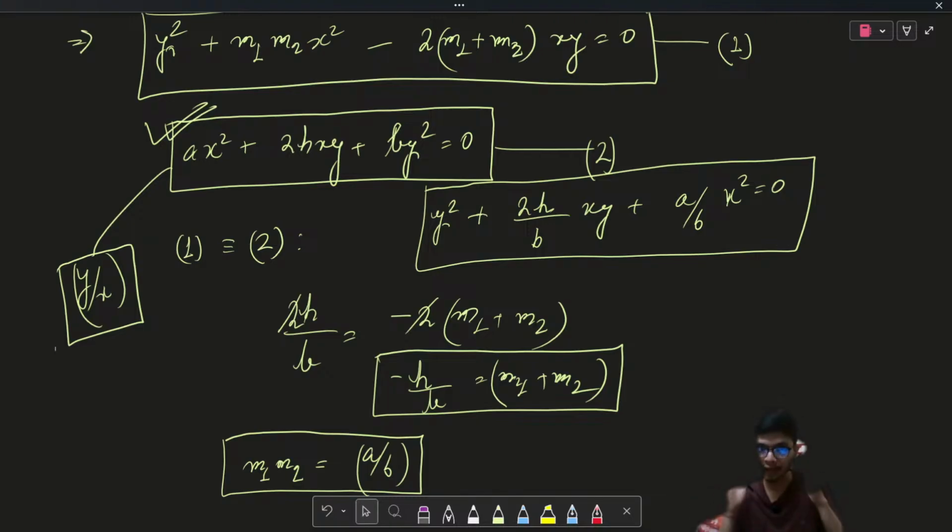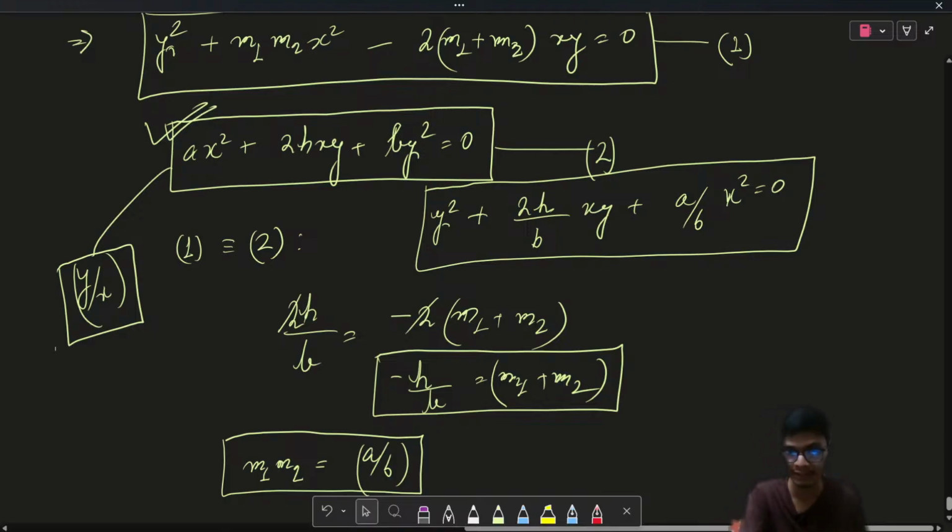If you have understood that it is a pair of straight line, then even without finding the two separate equations of lines or the two roots of that particular equation, we are still in a position to solve for the slopes as well, right?